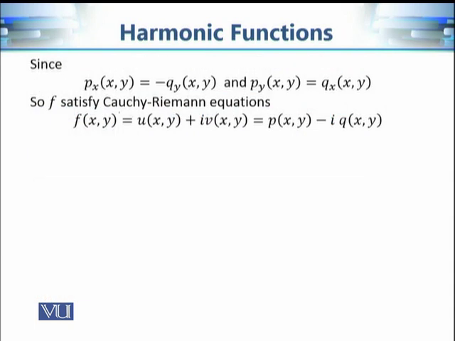But in this case the function only satisfies the Cauchy-Riemann equations, and so we impose another condition: we assume that p and q have continuous partial derivatives.